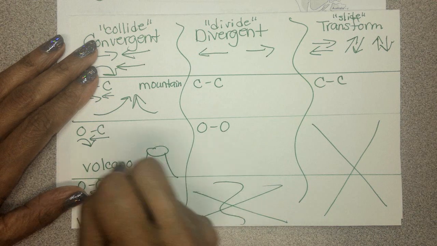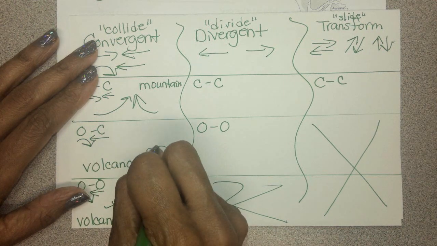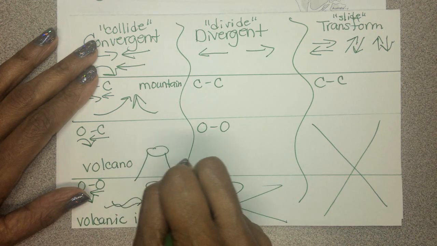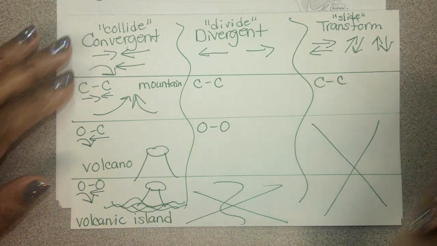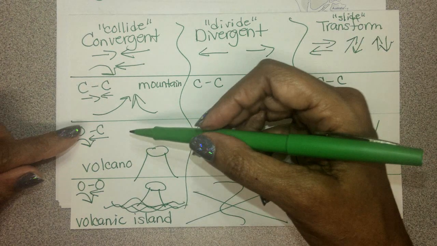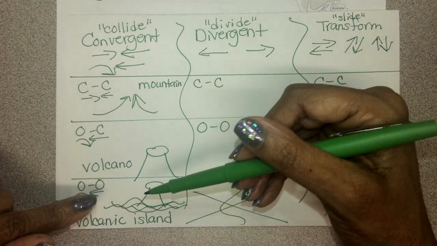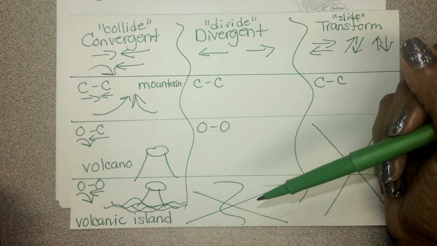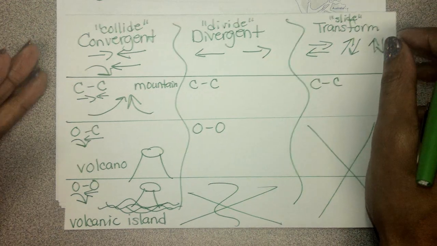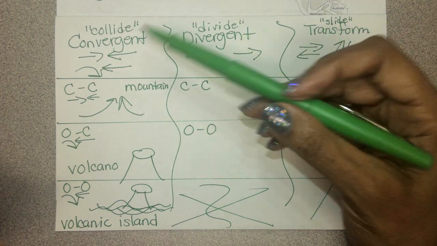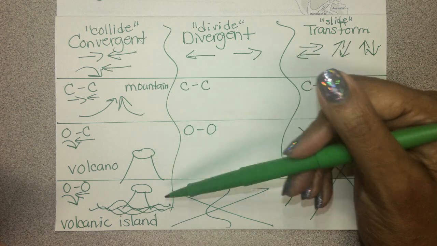So here's my water, and there's my volcanic island. What I tell my students: ocean to continent, you get a volcano on the land. Ocean to ocean, you get a volcano in the water. Just remember, whenever there's an ocean plate involved at a convergent boundary, you're going to get something volcanic.